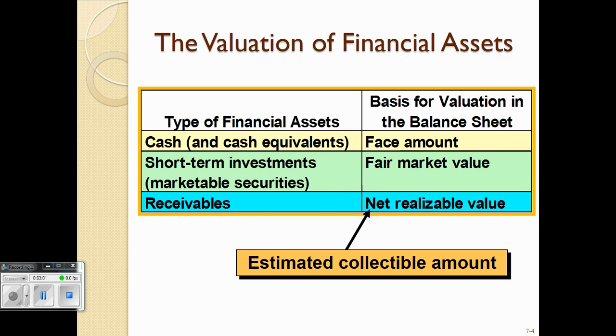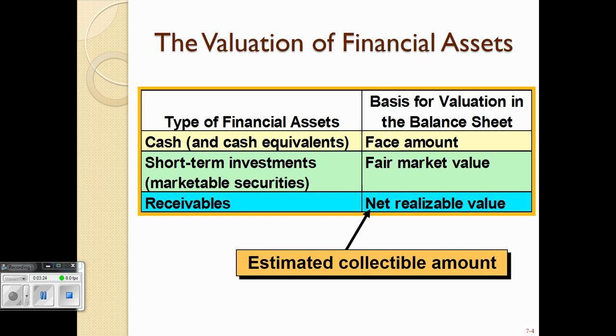Cash and cash equivalents are going to show up on our balance sheet at their face value, okay. So whatever it says when we look at the checking account, it says we have $10,254. What shows up? $10,254. Short-term securities, marketable securities, whatever, are going to show up at their fair market value.